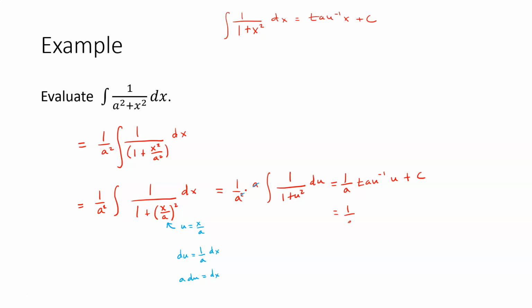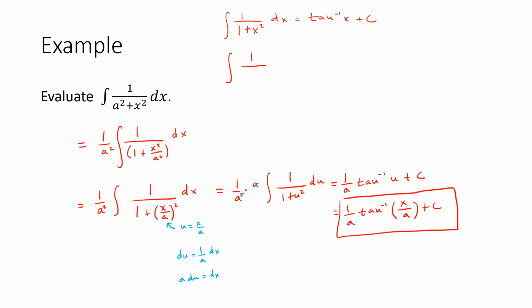So we'll have 1 over a tan inverse of x over a. So it's a more general version of the formula we have up here: if I have something of the form 1 over a squared plus x squared, the integral will be 1 over a tangent inverse of x over a.